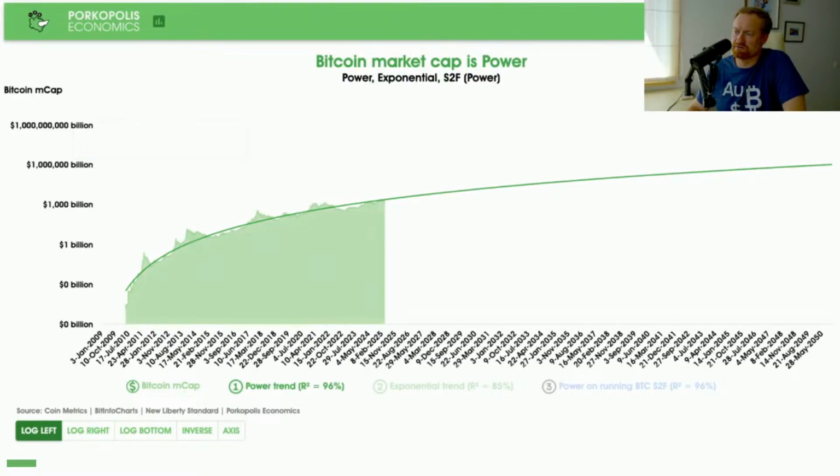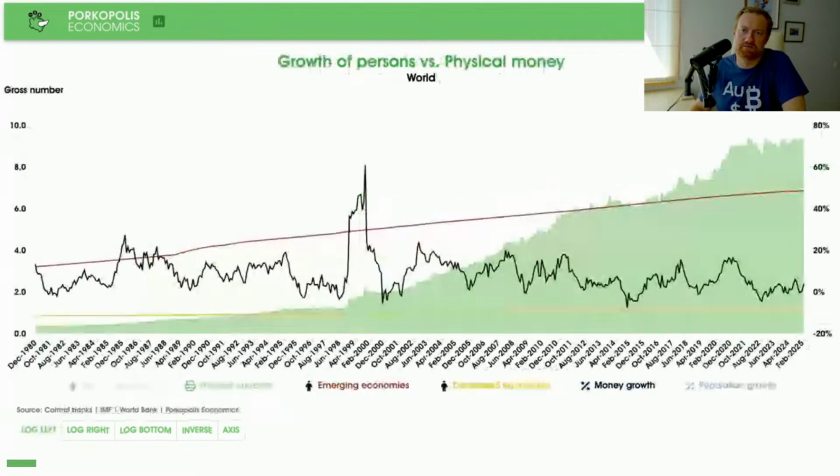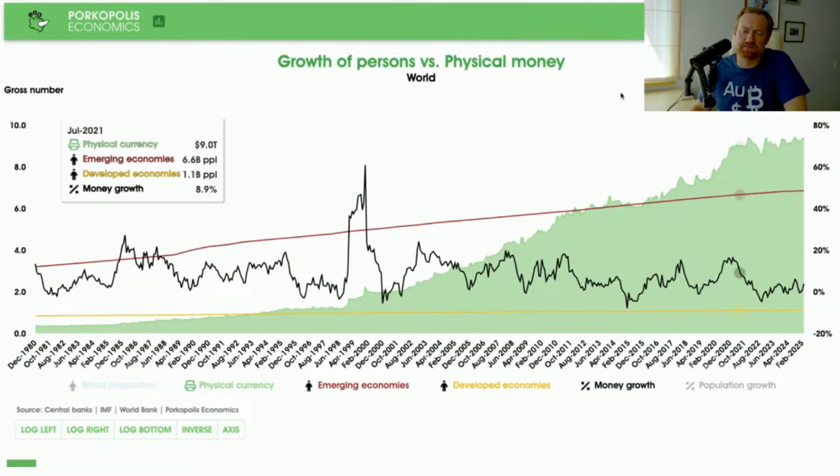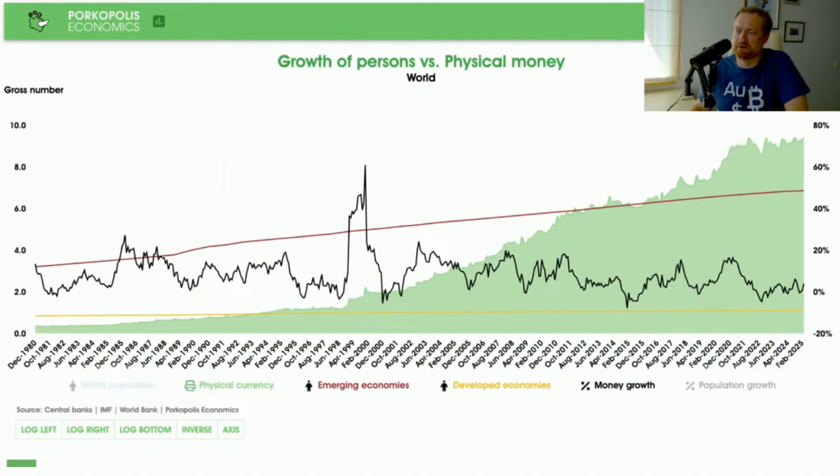I'll do the math right now. If it's 9, let's say it's 9.3. I can't share my calculator, but what I'm doing is just taking 9.3 times 1.12. Let's just assume 12% per year. Okay, that would give us 10.46 times 1.12, 11.66. That's 2 years out. Times 1.12 again, 13 trillion. That's 3 years out, times 1.12 again, 14.6 trillion.